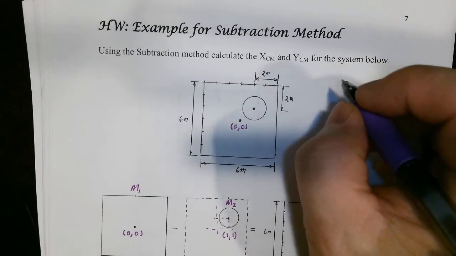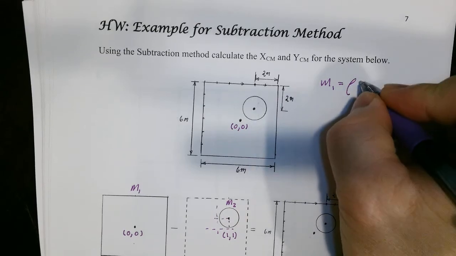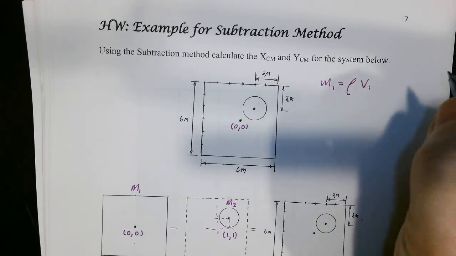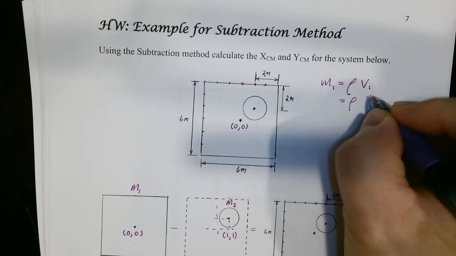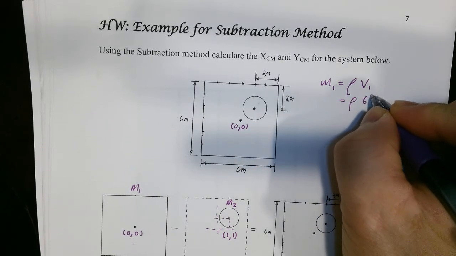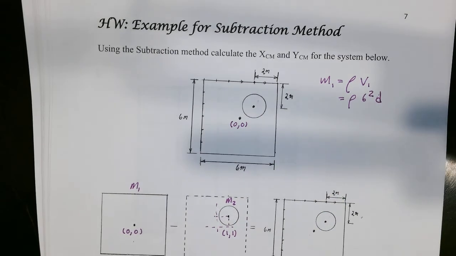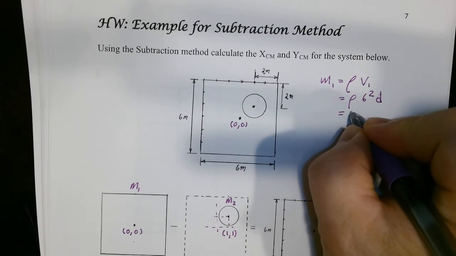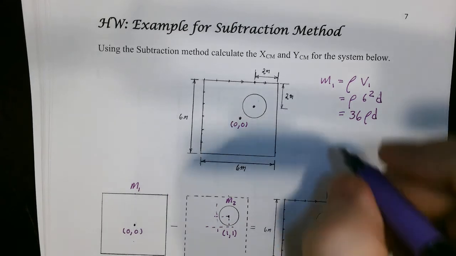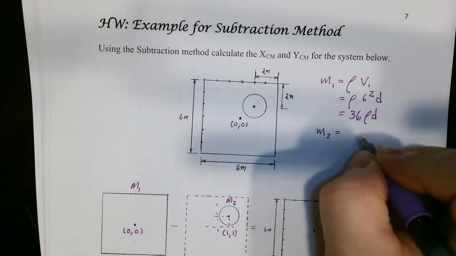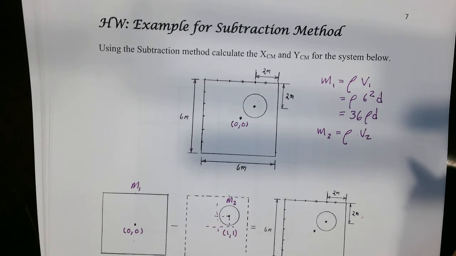So M1 is equal to rho times volume 1. And volume 1 is really nothing more than 6 squared times thickness D, right? Which is 36 rho D. M2, however, is equal to rho times volume 2, right?